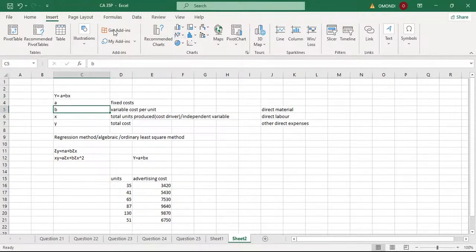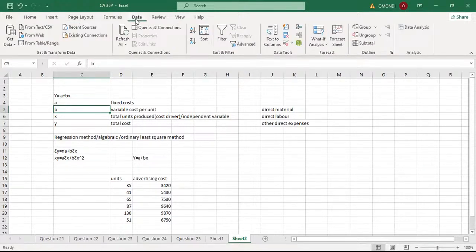is we move to Data. We move to Data here. And I want to say, for those who have this function in Excel, good. If not, then we are going to activate it together. If you move to Data and look at the right hand side here, there's something called Data Analysis.